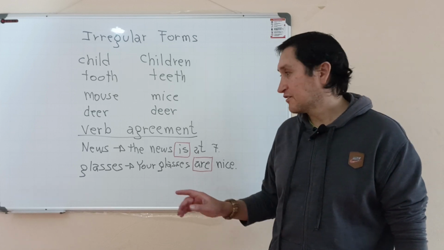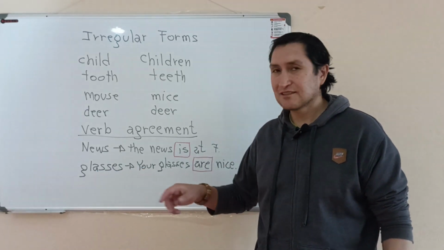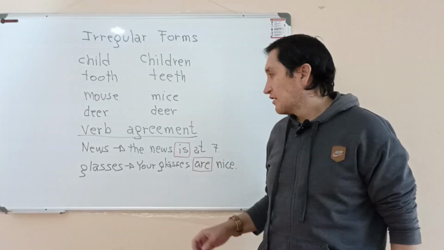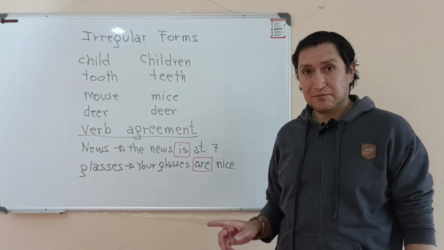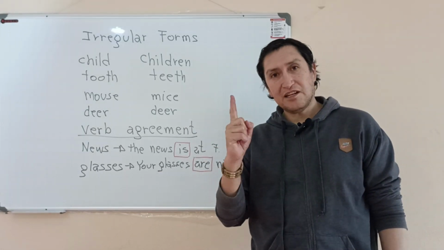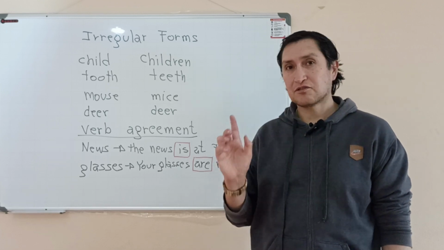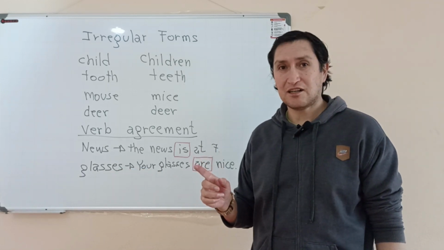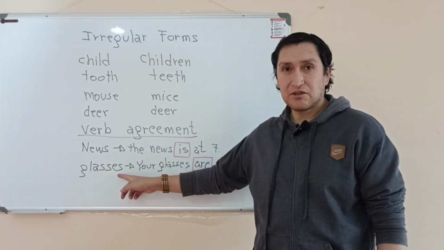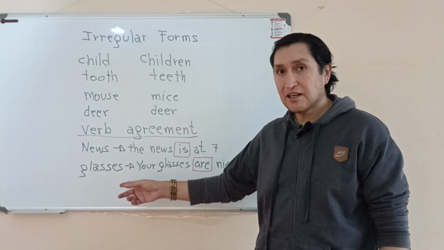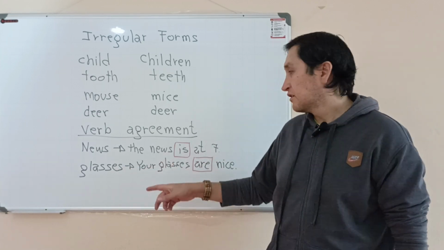On the other hand, we have glasses. Okay? You know? Glasses. These are just a pair of glasses, just one. So it means that this is singular, but it looks plural, right? In this case, we use plural.